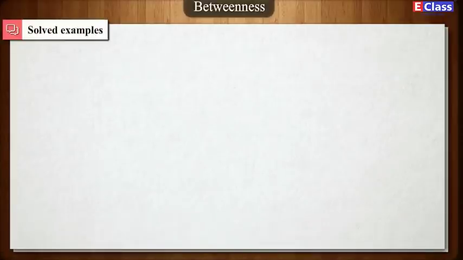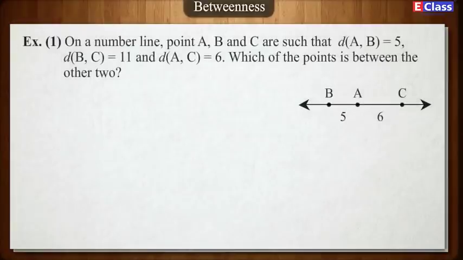Let's see some solved examples. Example 1. On a number line, points A, B and C are such that d(AB) is equal to 5, d(BC) is equal to 11, and d(AC) is equal to 6.